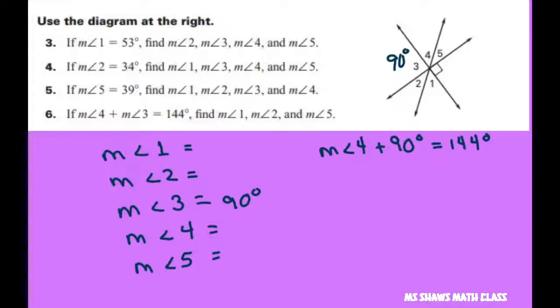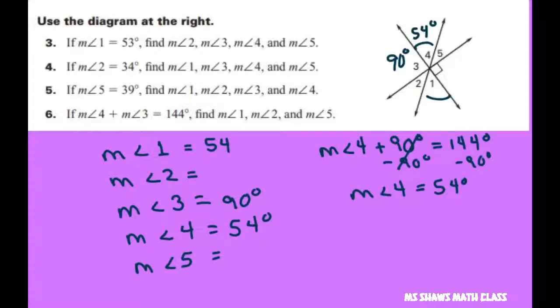So 144 minus 90 equals 54. Subtract 90 from both sides to get the measure of angle 4 equals 54 degrees. So 4 is 54. If 4 is 54, that means the measure of angle 1 is also 54 degrees.